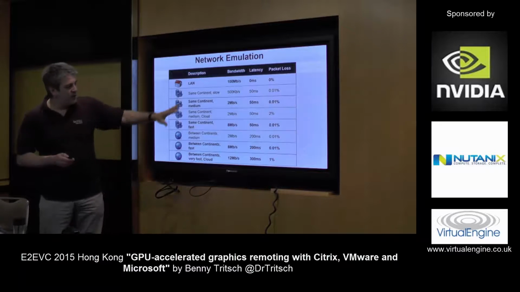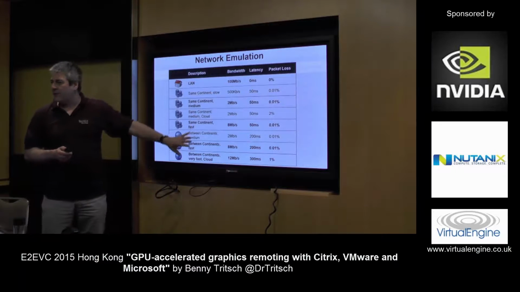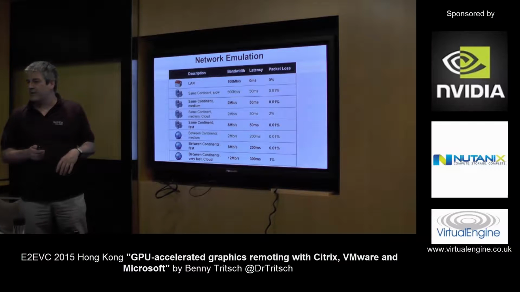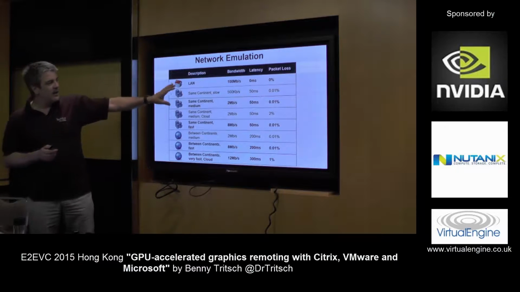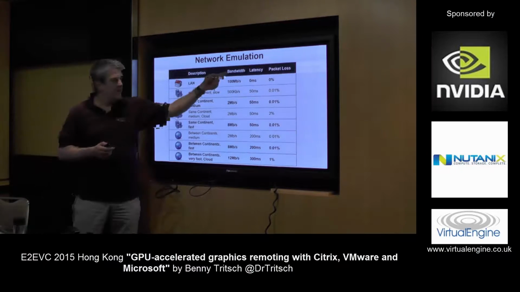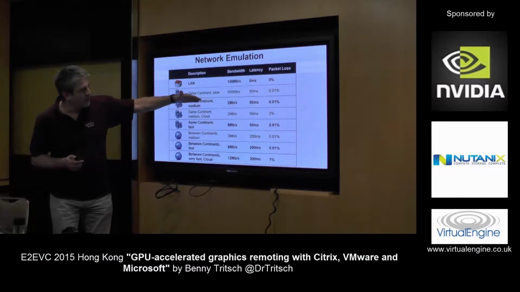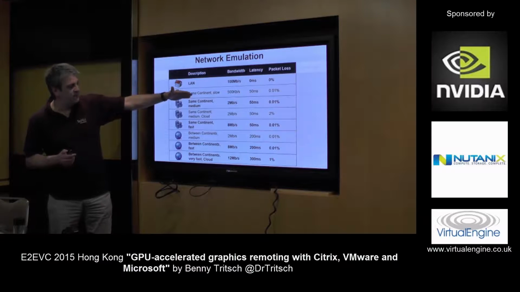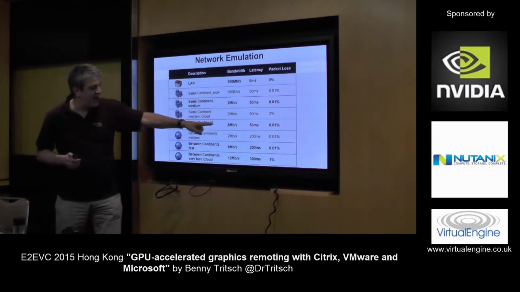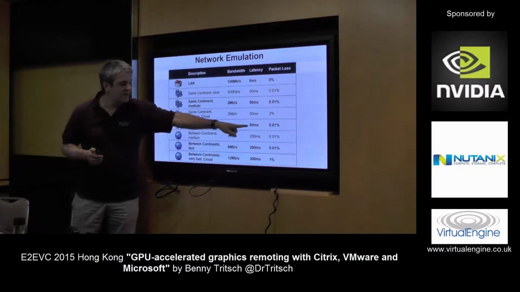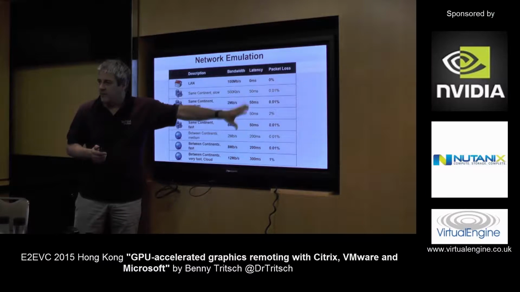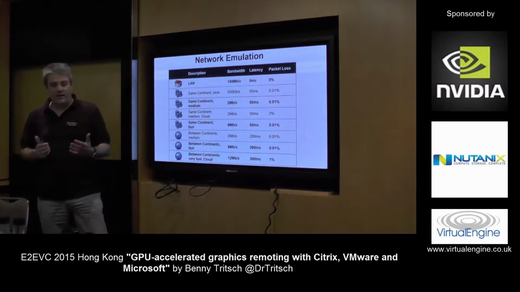And in order to measure that, we came up with certain standard scenarios regarding bandwidth, latency, and packet loss. Like in LAN, same continent and medium performance, same continent fast, like 8 megabit per second, 50 millisecond latency. That's typically what you get within a continent.